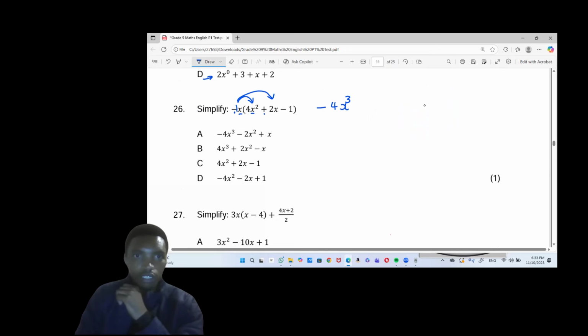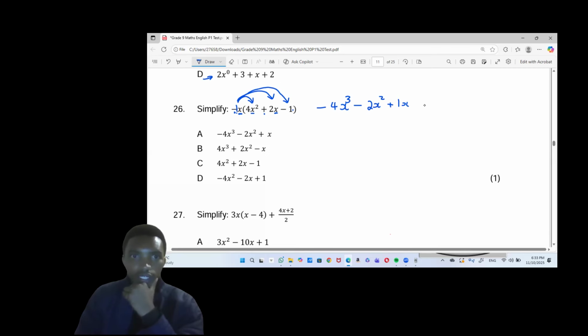Negative times positive is going to give us negative. 1 times 2 is going to give us 2. x times x is going to give us x squared. Then for the last one there, negative times negative is positive. 1 times 1 is 1. x times nothing there is x.